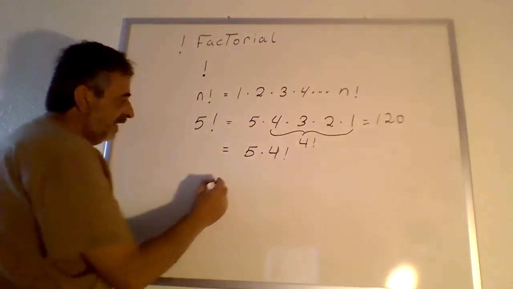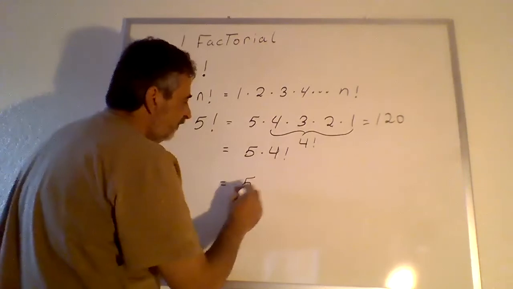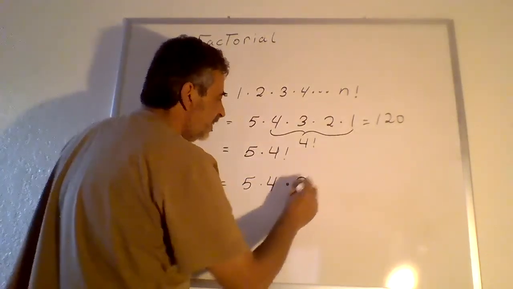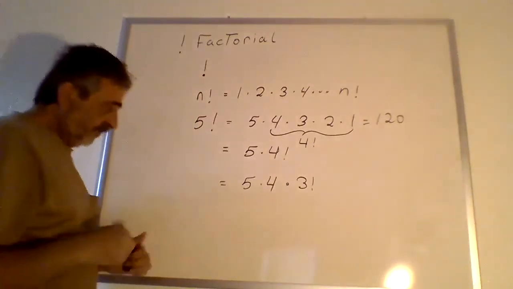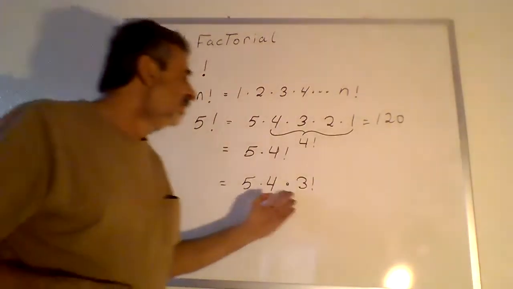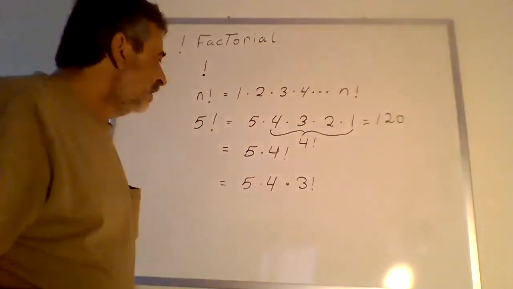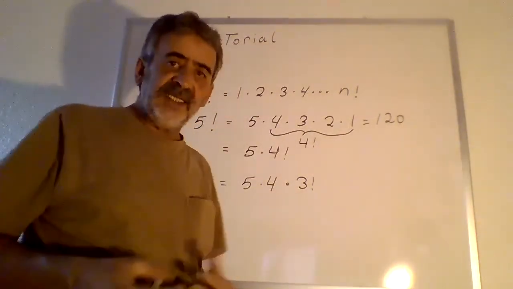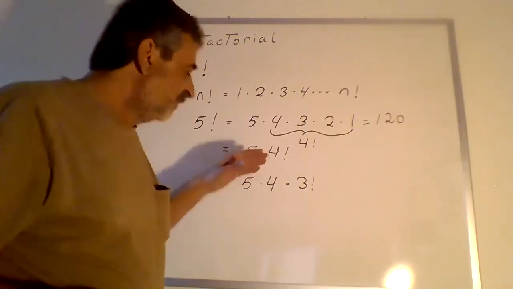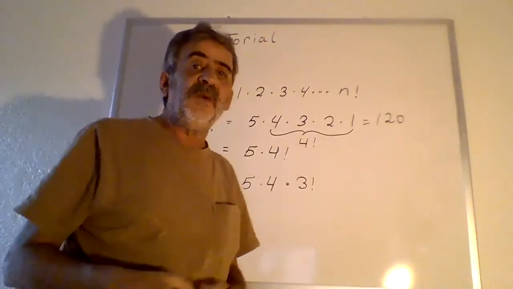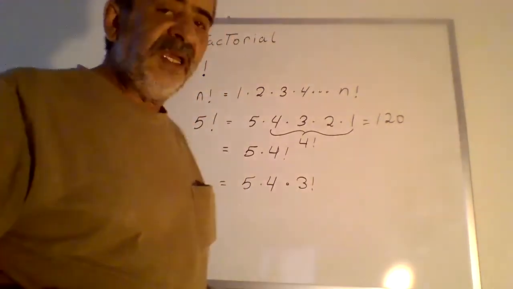Or we can write it as 5 times 4 times 3 factorial. So if we don't have a reason to write all the numbers down, then we can go ahead and write it as 5 times 4 times, we continue until the number we want, and then we can say factorial.